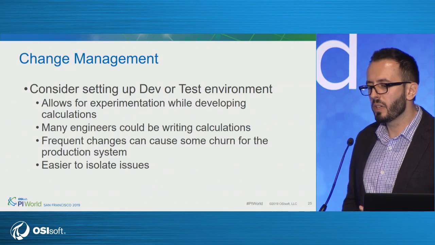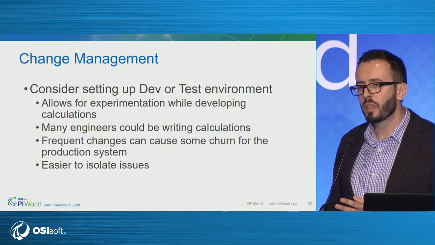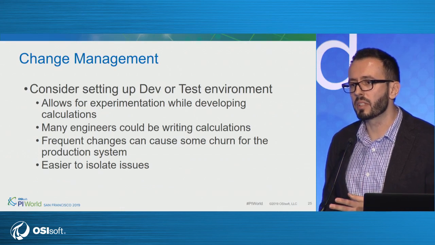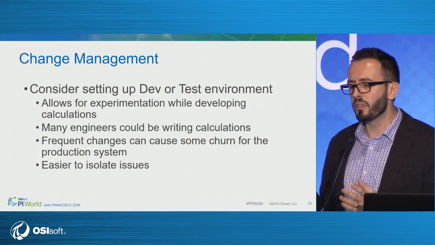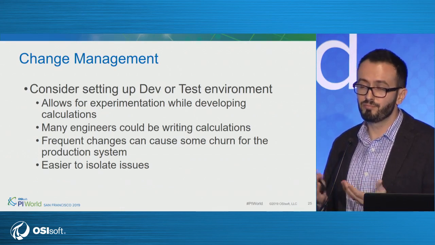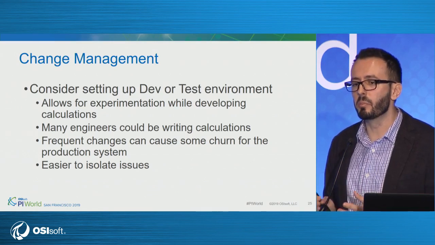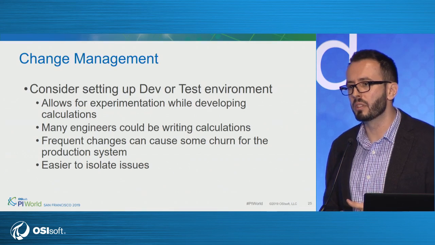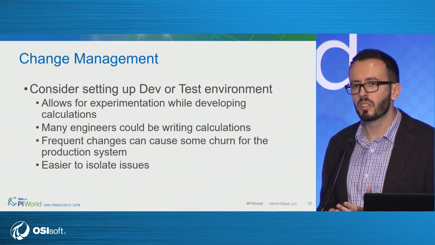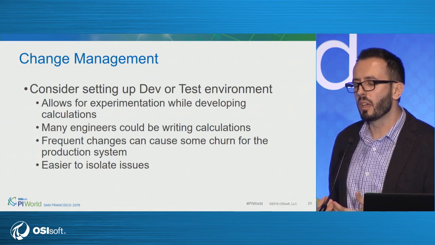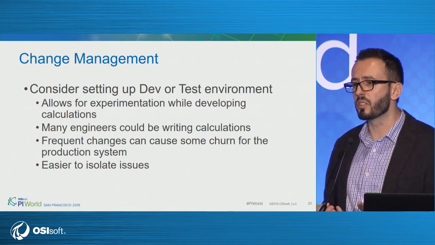Let's speak briefly about change management. We wanted to throw this out here just as a good practice and a recommendation that you should have a development or a test environment in parallel to your production environment. This is very useful, especially if there are multiple people making changes in your system, and it's easier to isolate issues.